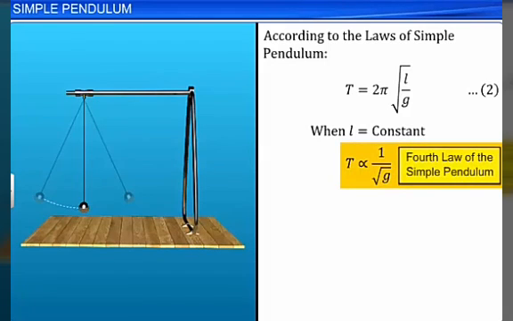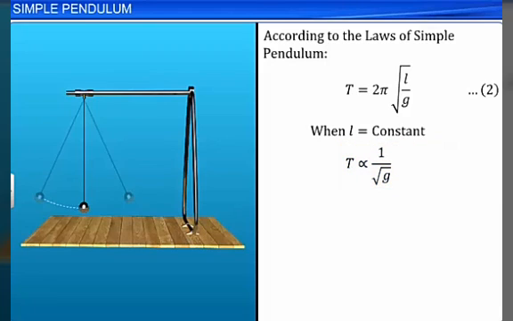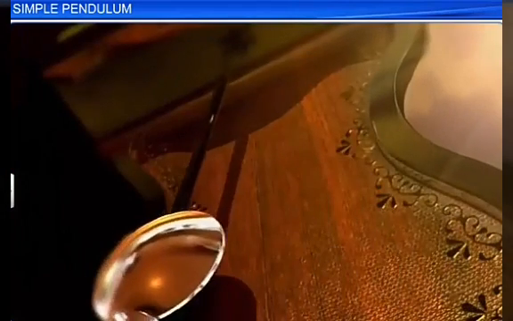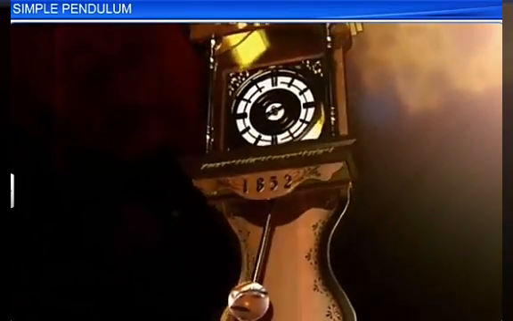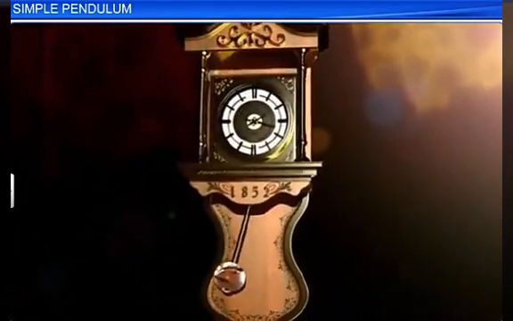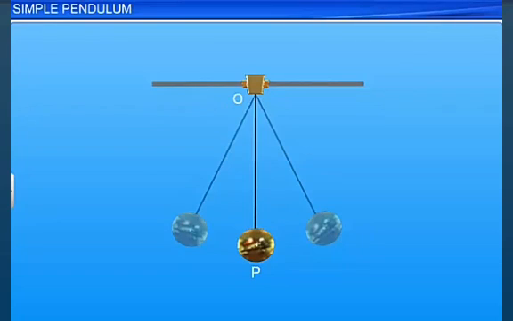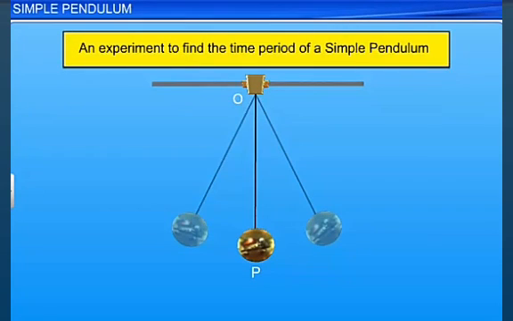Since the time period of a simple pendulum depends on its length and acceleration due to gravity at a given place, it is used to measure time in clocks that work on the principle of the simple pendulum. Let us now conduct an experiment to find the time period of a simple pendulum and verify the effect of length on it.